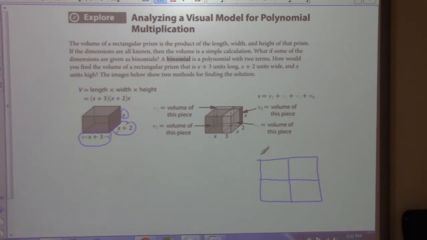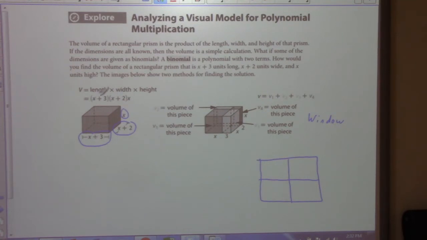It looks like a window. But this is what I call the box method of using the distributive property of algebra.